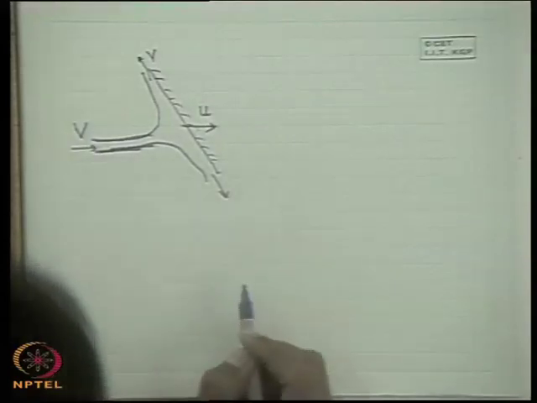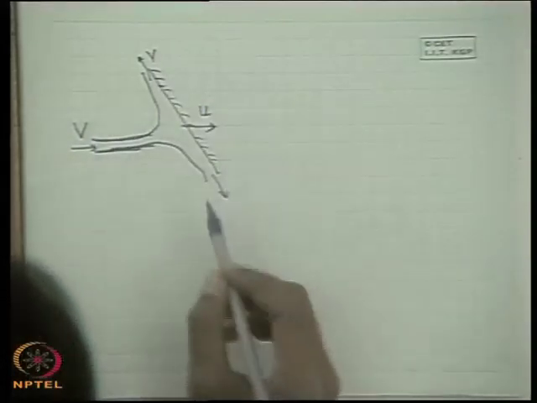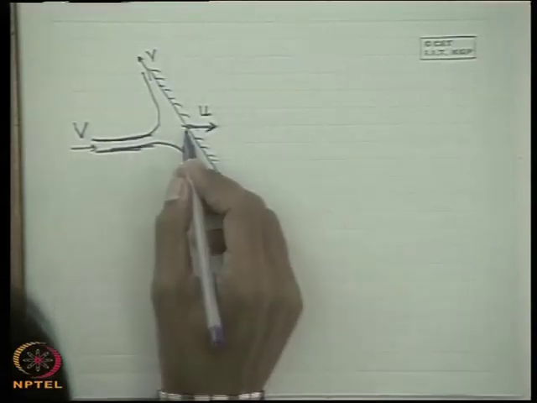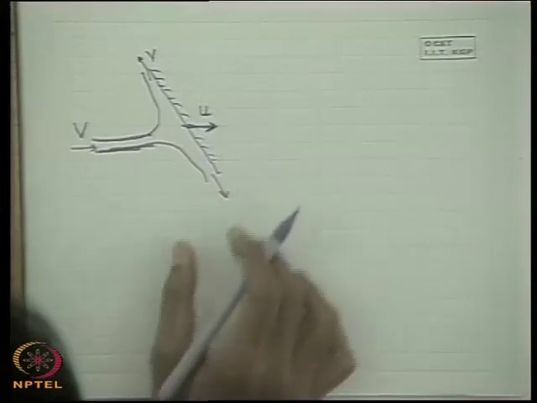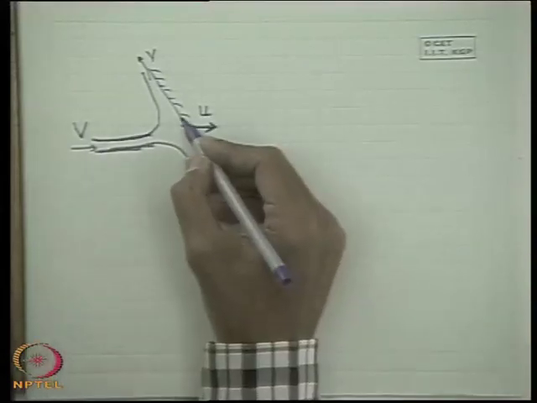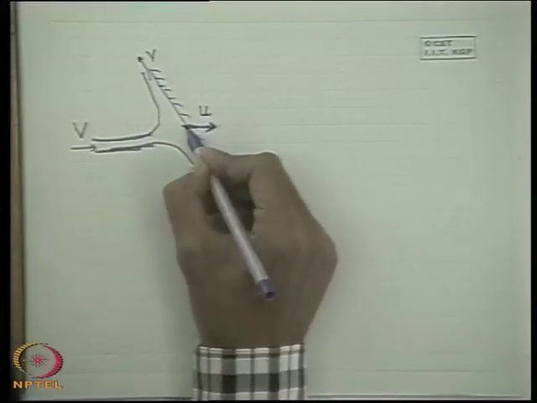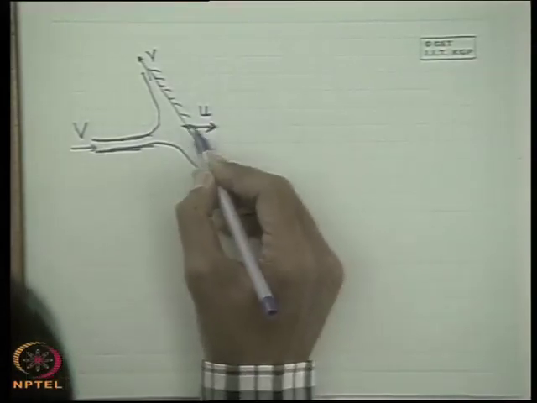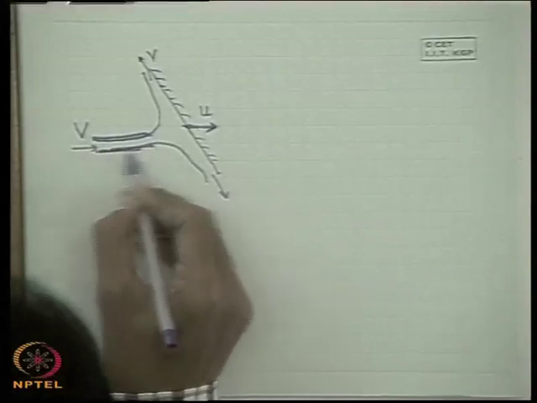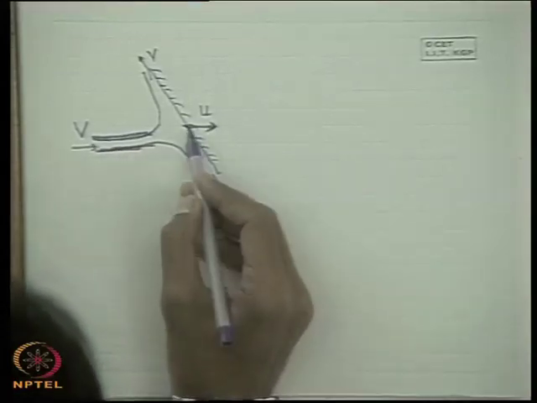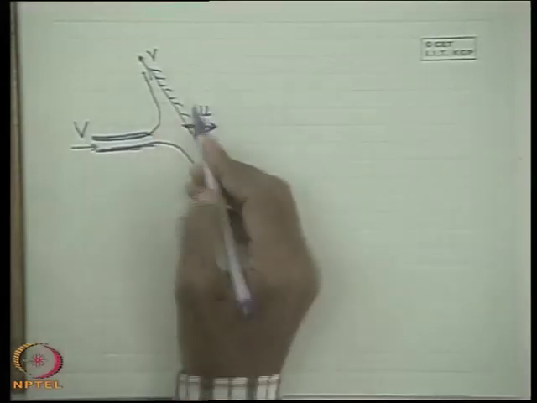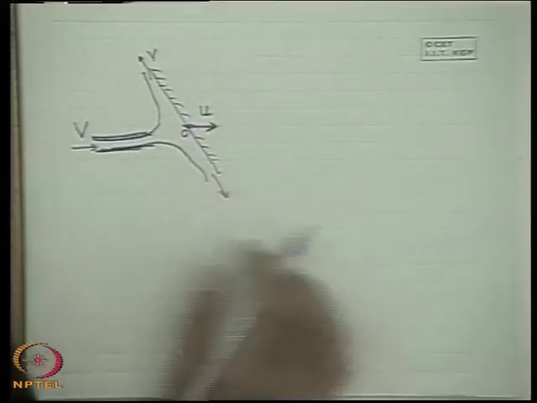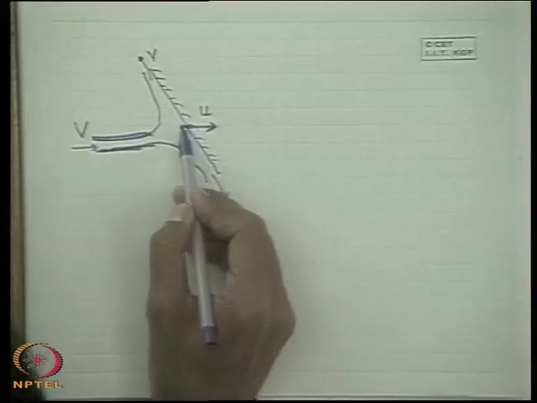But now the difference is that since the plate is moving with u, if I consider a fixed frame of reference from an absolute fixed reference plane, that means if I take any coordinate axis at a fixed point, whether parallel and perpendicular to the plate or to the incoming jet axis, it does not matter, the flow becomes unsteady, because if we consider a point O stationary with respect to an absolute static frame of reference, the plate will move like that.